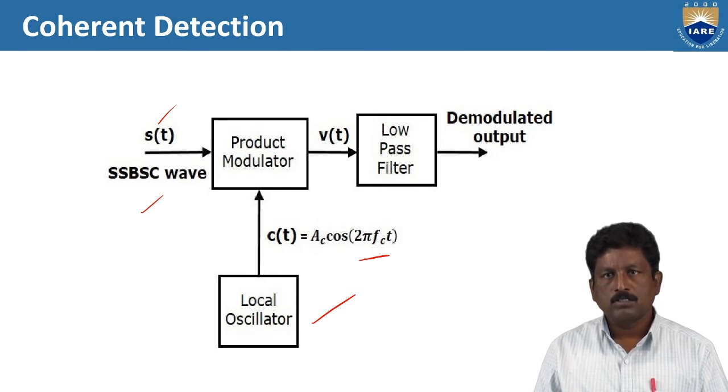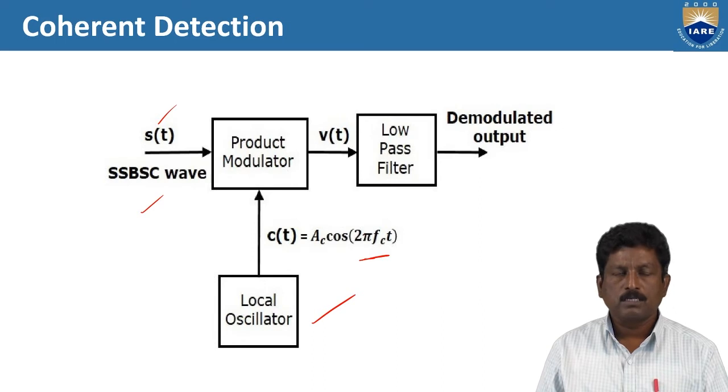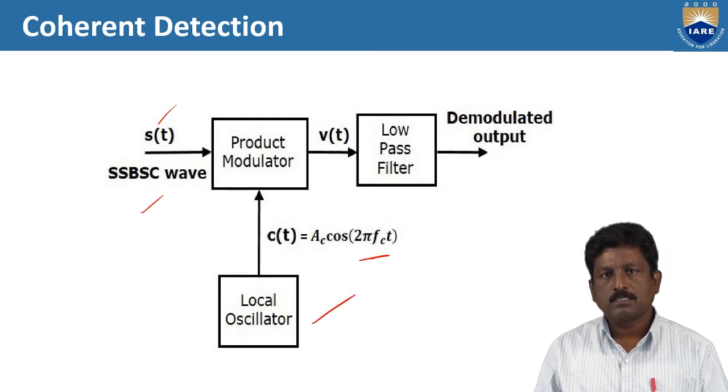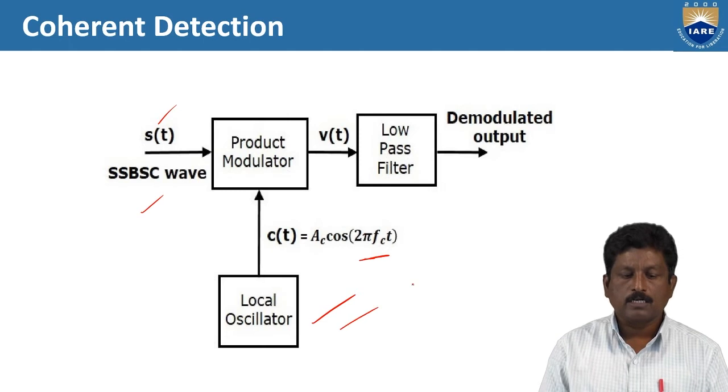There also we use two inputs: one is the input signal, that is the modulating signal m of t, and the other is the carrier signal c of t, generated by the local oscillator. The carrier frequency fc generated at the transmit side will be the same as the carrier frequency generated by the local oscillator in the coherent detector also.